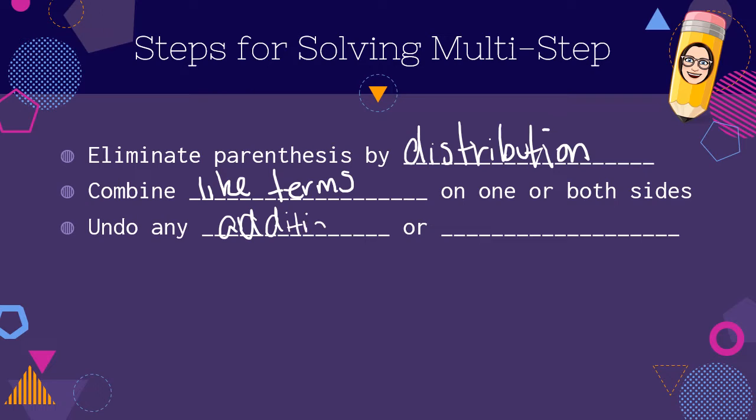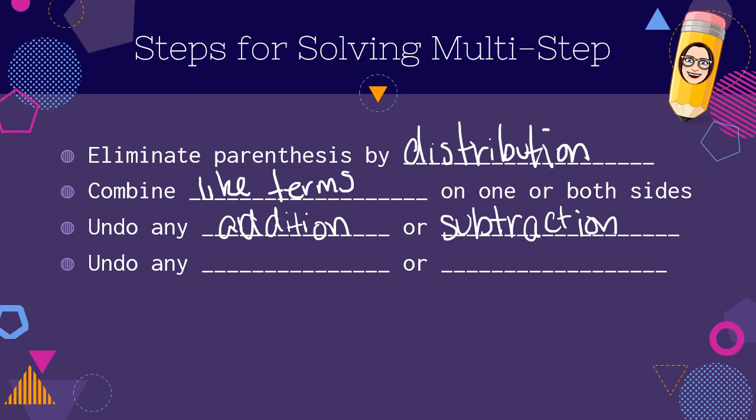Remember, this is where we use our inverse operations. So if it says plus 3, we're going to minus 3. And then lastly, we undo any multiplication or division. Excuse my messy writing, fast because we've been doing this for a while.